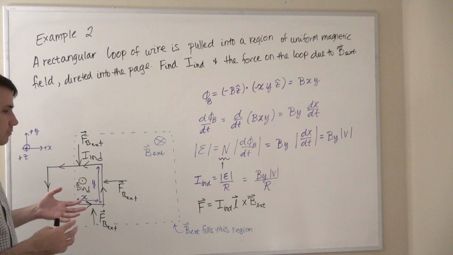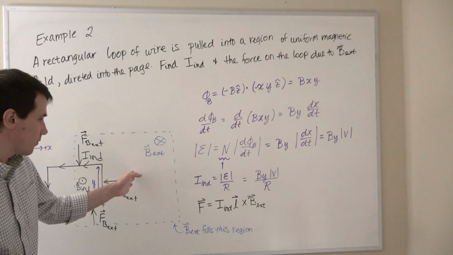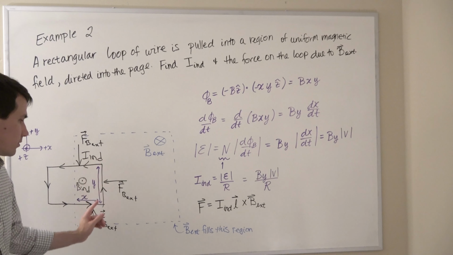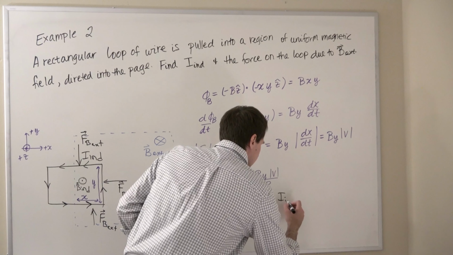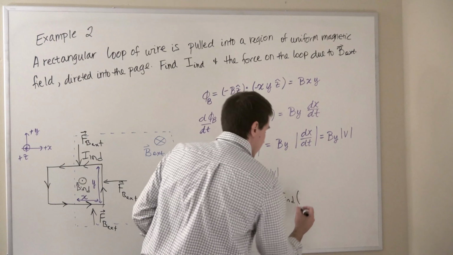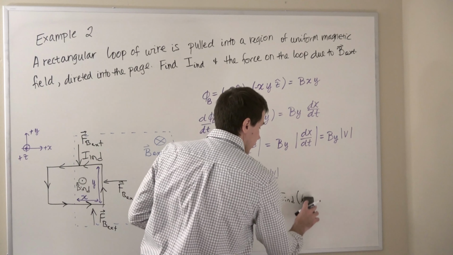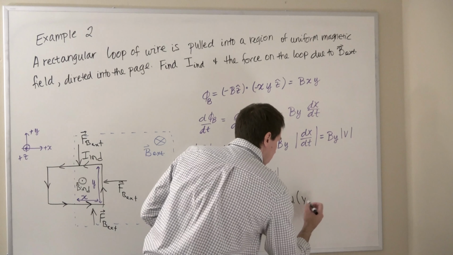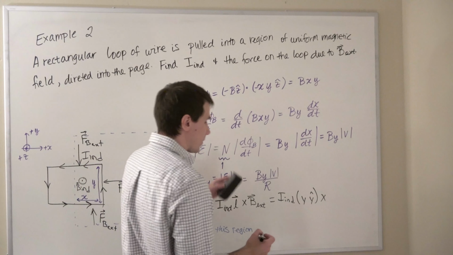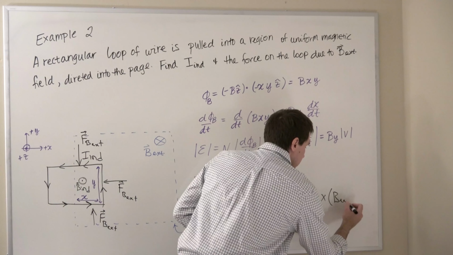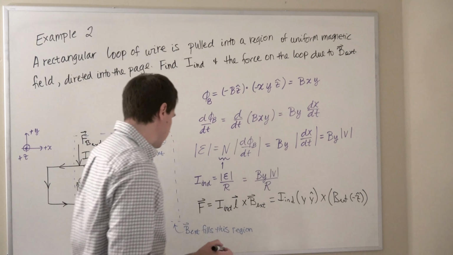Okay, so taking that cross product, I know that the external magnetic field points in the z direction, and my L vector points in the direction of the current, which points up. So I can write this as I induced multiplied by my L vector, which has length y, so it should be y in the y hat direction, crossed with my B external in the negative z hat direction.